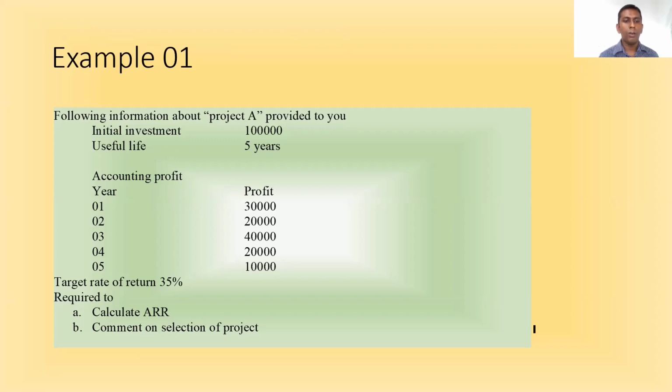You need to calculate ARR and also comment on the selection of the project. Here we have just one project. We need to decide whether to select or reject it. If we have ARR less than 35%, we have to reject the project. Look at how much ARR we have.